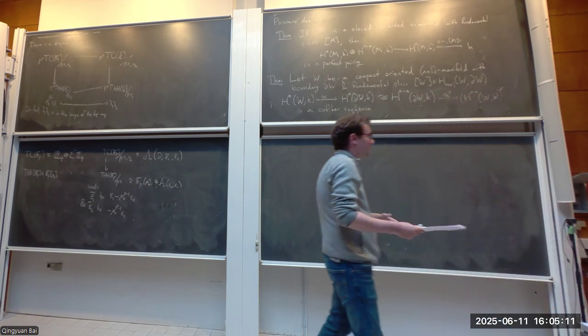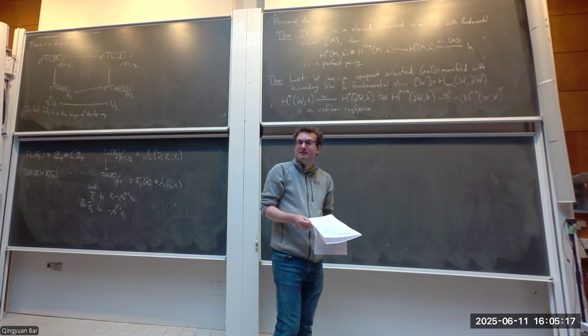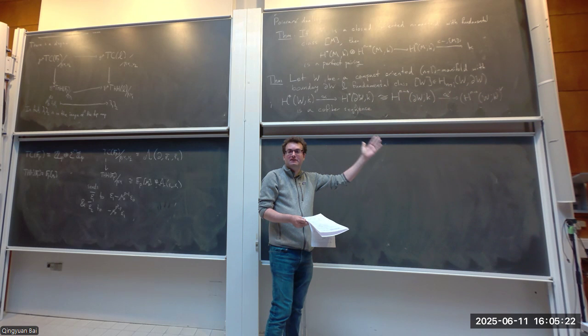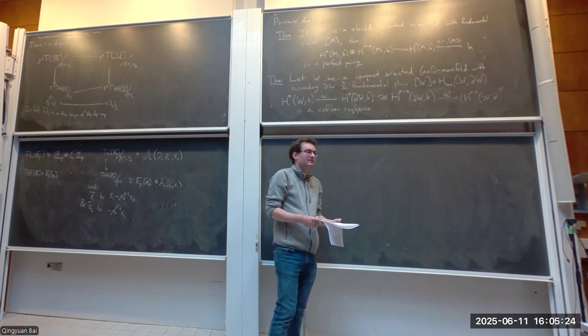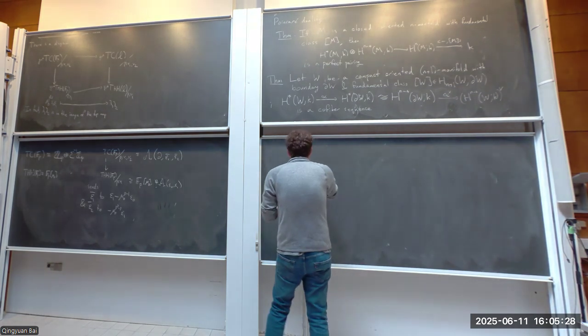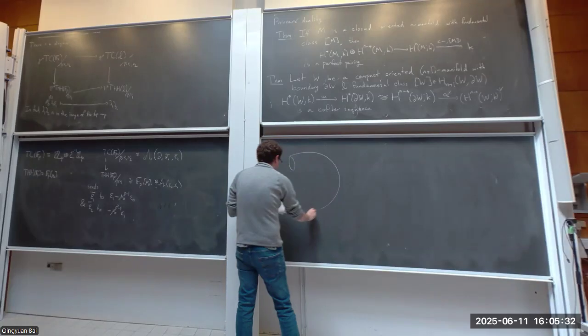And there's a sense in which the Poincaré duality statements glue along with the handle body decomposition. But if we're going to glue Poincaré duality statements, we have to understand the manifold with boundary, which will appear when we glue things. And so let me draw a picture.